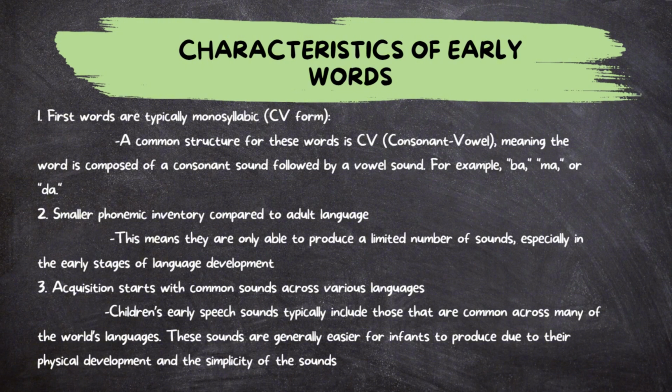Early sounds like P, B, M, and T are common across many languages. These are often referred to as universal because they are found in most languages, making them easier for babies to produce and recognize.